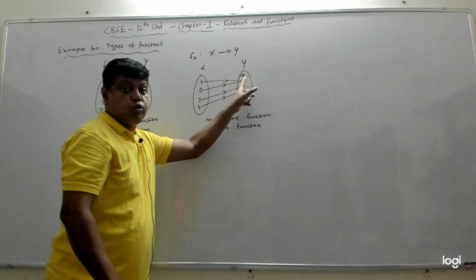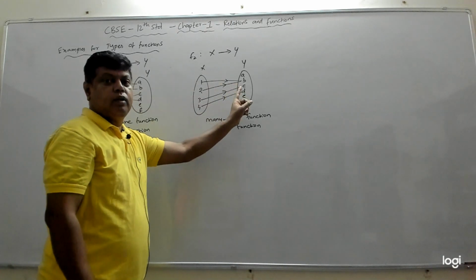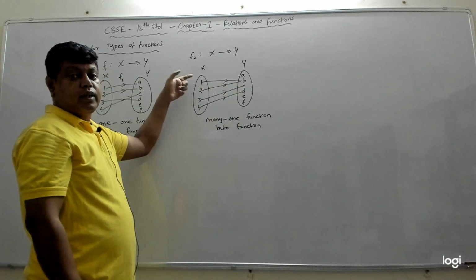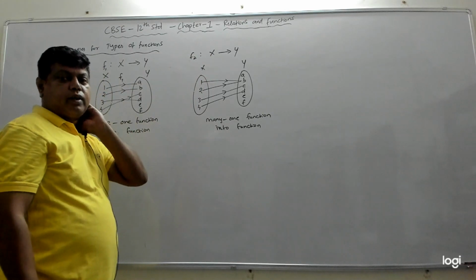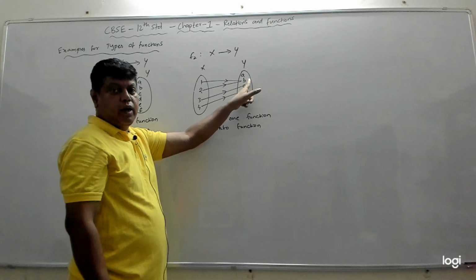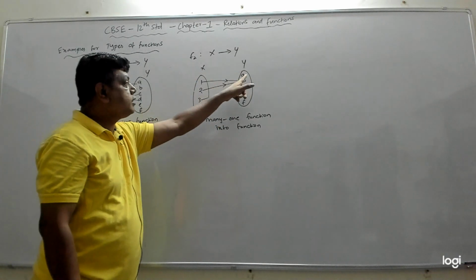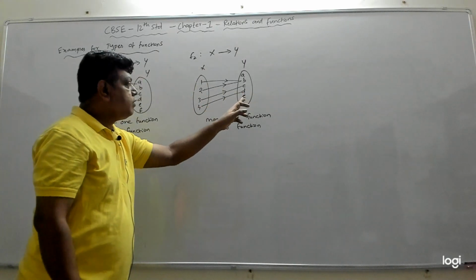Every element here should be the image of some element here. Then you call that onto. For every element in Y, we should be able to find an X such that X is mapped to that element. But here, if I take element A from the set Y, A does not have any element in X such that A is its image. Similarly, we have E and F also.